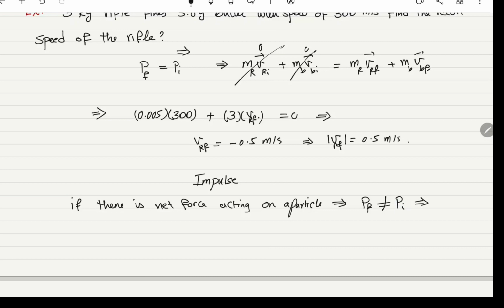In other words, F net equals delta P over delta T, and in this case delta P equals F net delta T, and delta P in this case here is impulse. So impulse equals P final minus P initial and equals F net delta T.